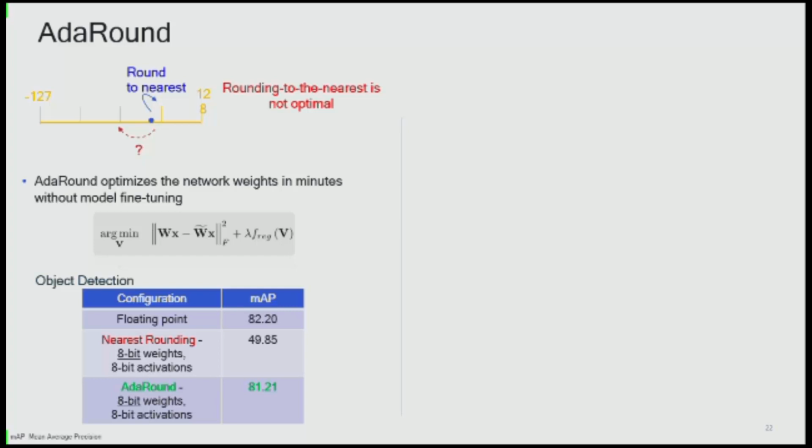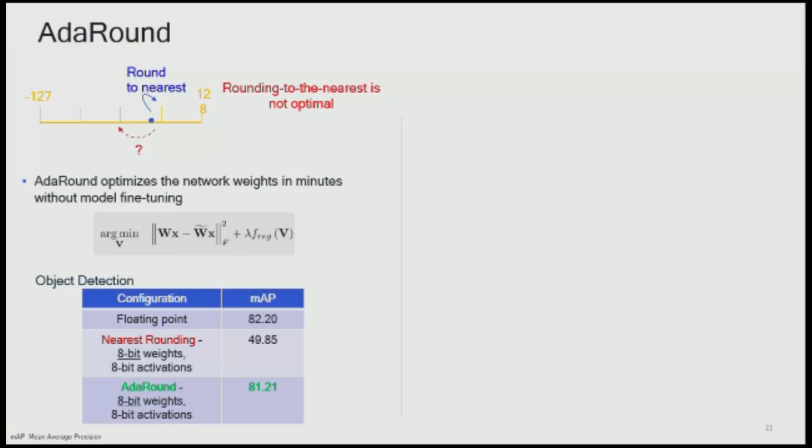When you map a floating point to integers, the most straightforward idea is having a really low reconstruction loss between the quantized weight and the floating point weight. So it's called the rounding-to-nearest method, and we noticed that it is very intuitive, and it might work. But in certain tasks, for example object detection, this kind of rounding causes a huge accuracy degradation.